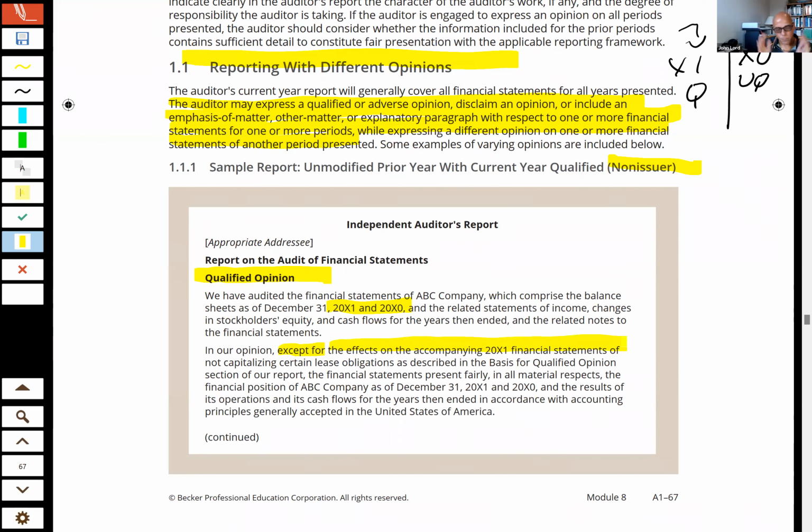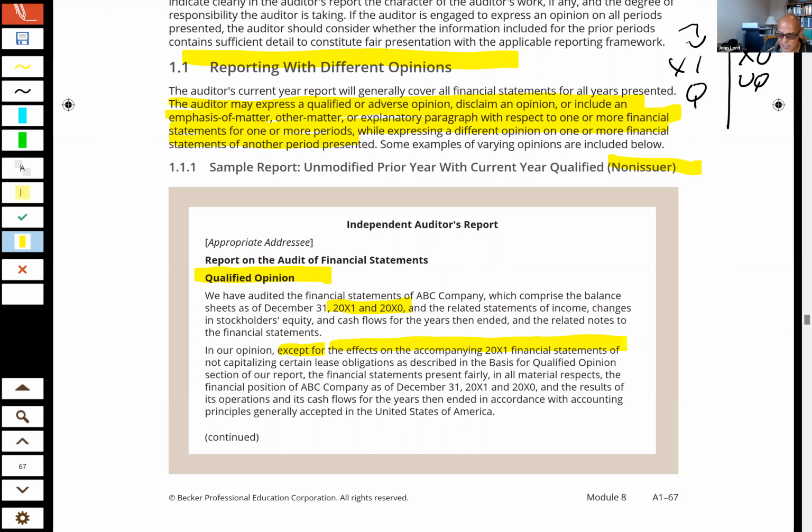X1. The problem was X1, they did something wrong in X1. Except for what they did wrong in X1, you just put the year where the problem was, and then you continue on with the rest of the opinion that, in our opinion, the financial statements are fairly presented, and you call out the 2 years, X1 and X0.